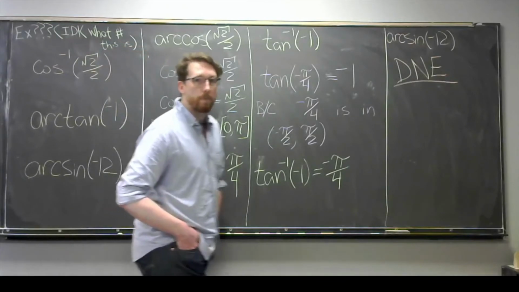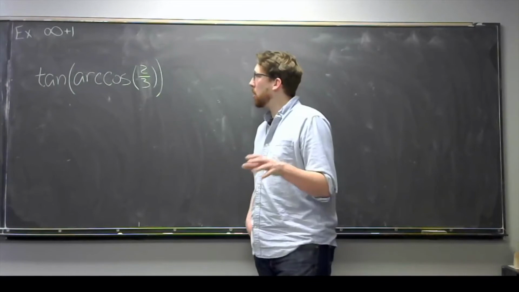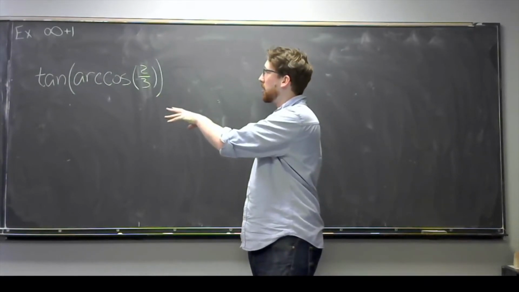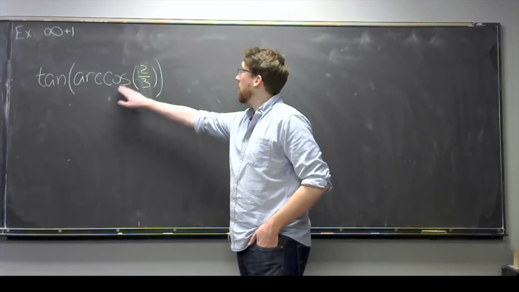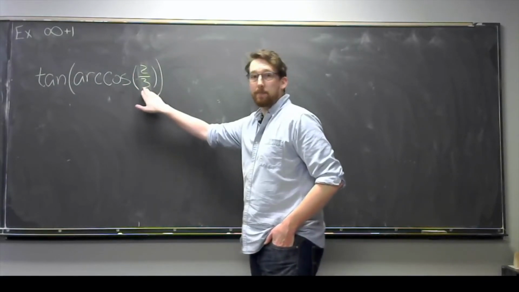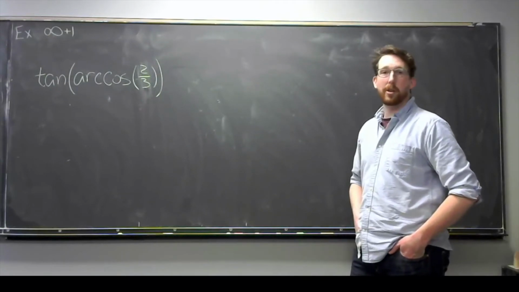Let's look at a couple more problems. All right, so for this next example, we want to find the tangent of the arc cosine of 2 over 3. How are we going to do that?